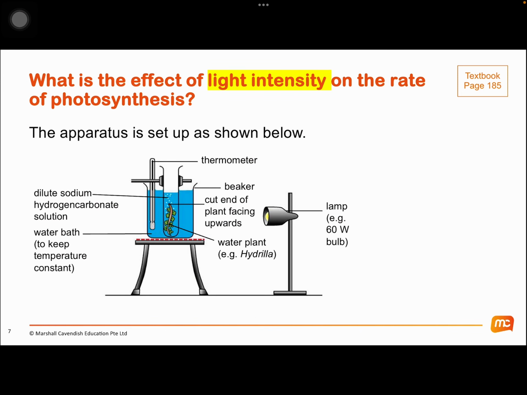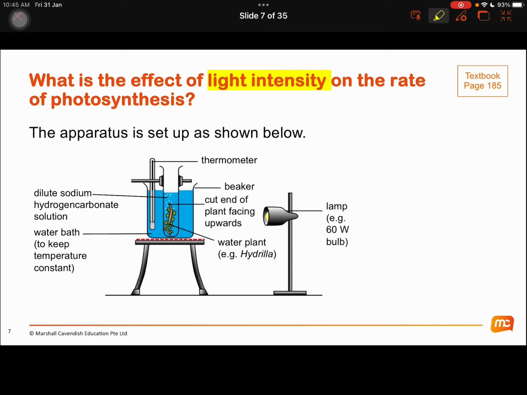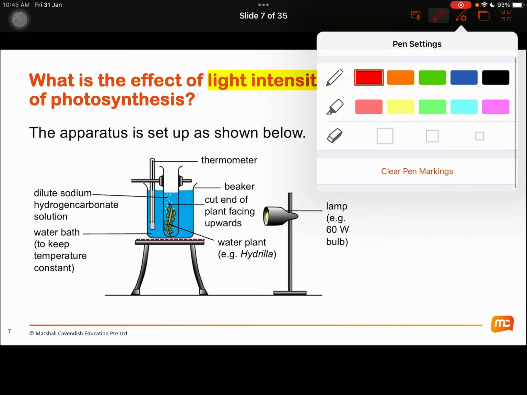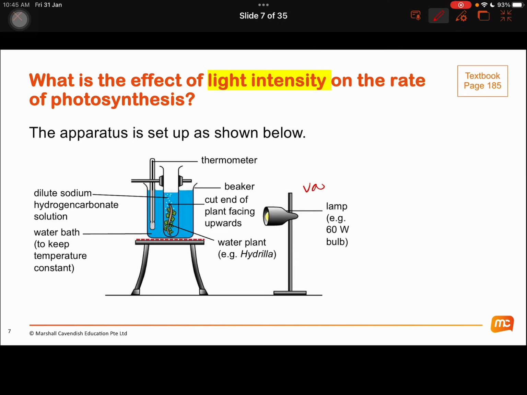So let's begin with the effect of light intensity. As seen in this experimental setup, you can see that there's a lamp that's provided. But how do we vary light intensity? Alright, I'll pause the video over here for you to enter your answer in the question.